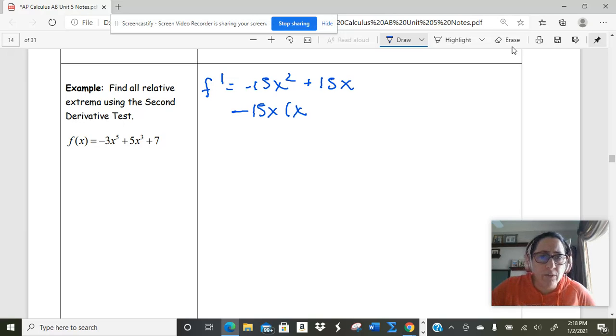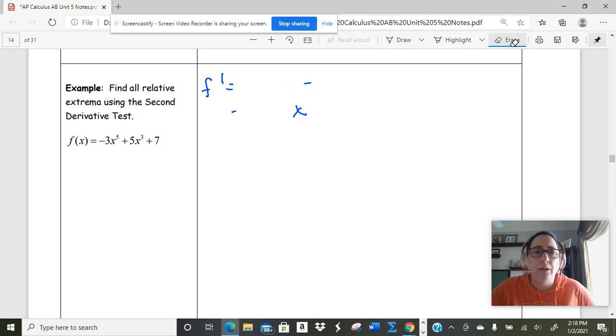Oh, that is a 5 and a 3, Christy Lynn. Let me do this again. I did not look at that very well. Okay. First derivative: negative 15x to the 4th, look better? Plus 15x squared.